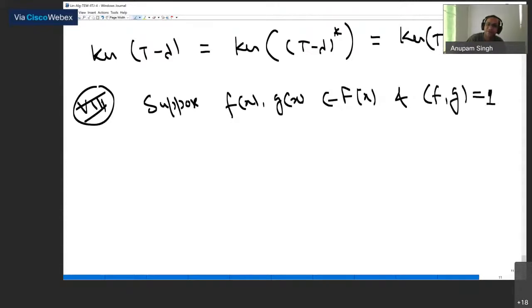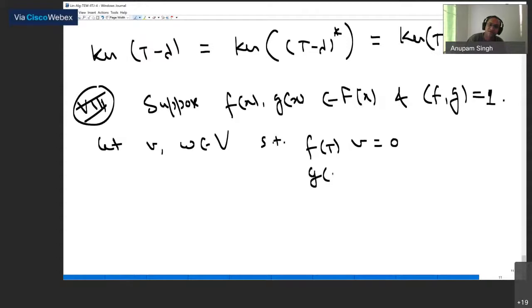Suppose I find vectors v and w in V which are killed by f and g respectively. What does that mean? That means if I apply f(T) on v, I get 0, and if I apply g(T) on w, I get 0.